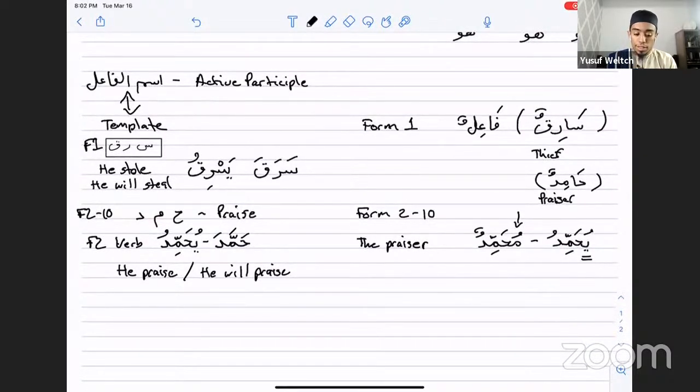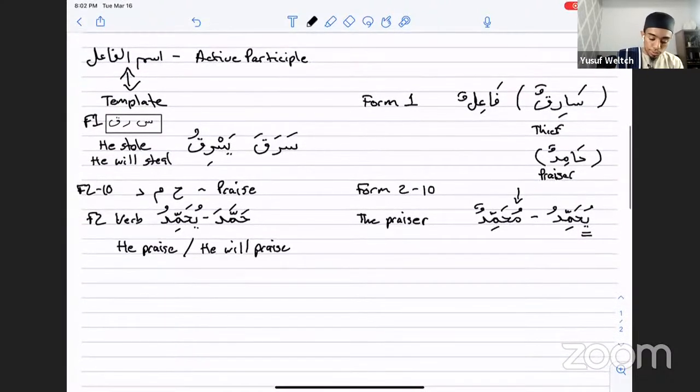Okay, so that's the active participle. In all of these examples, the one doing the action is literally doing the action. The action is not being done to them, so it's active participle. As opposed to the next one, the next most important, I should say, which is ismul maf'ul, the passive participle.